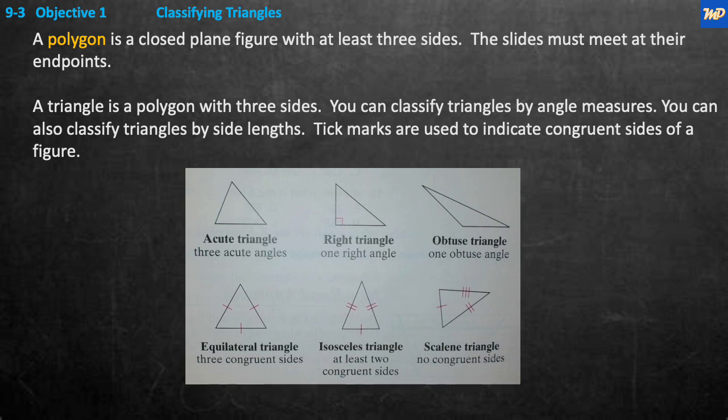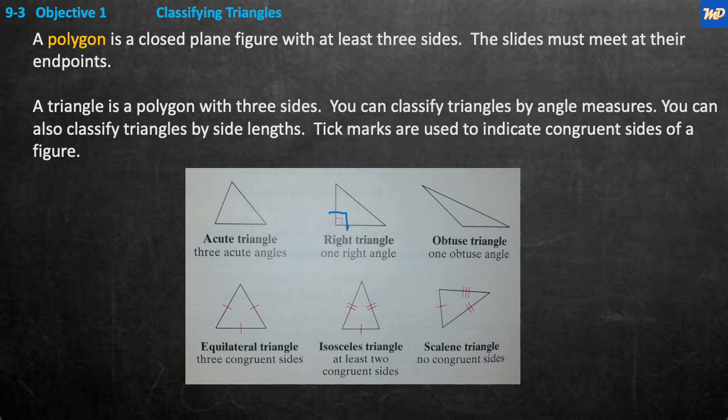Acute triangle. An acute triangle has 3 acute angles, and acute means less than 90 degrees. As you look at this one here, the right triangle has one 90-degree angle, and they usually depict it with a little square like that to show it's a right angle.